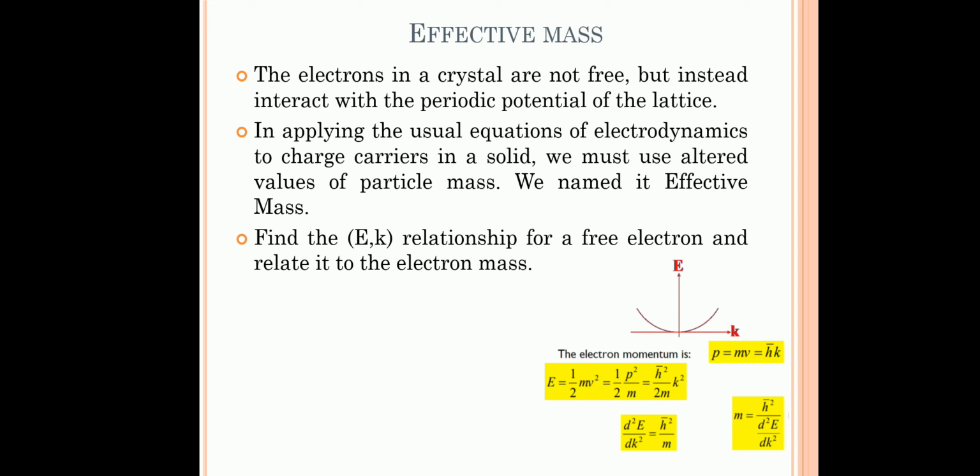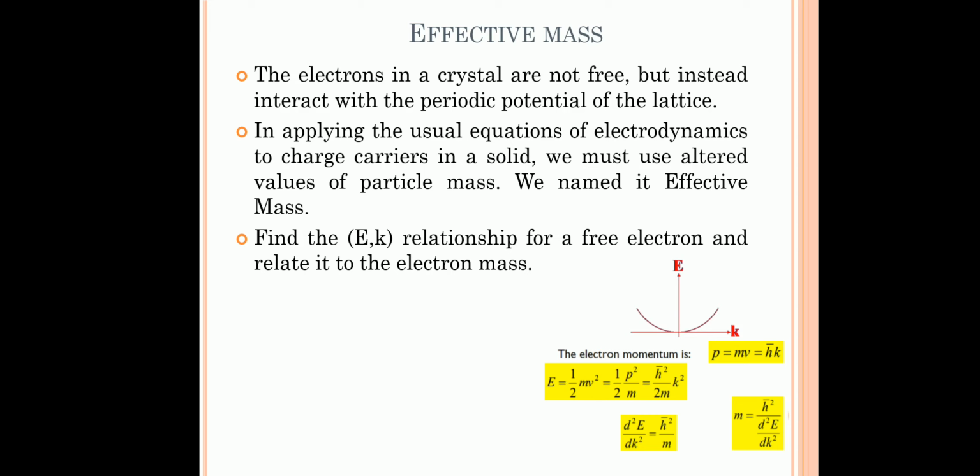Also, the energy of an electron is half mv squared, an equation we are familiar with. From equation 1, P = mv, we can replace v with P by m and put it in the second equation. So half mv squared becomes half m into P squared by m squared. The m's cancel, so the remaining is half P squared by m.